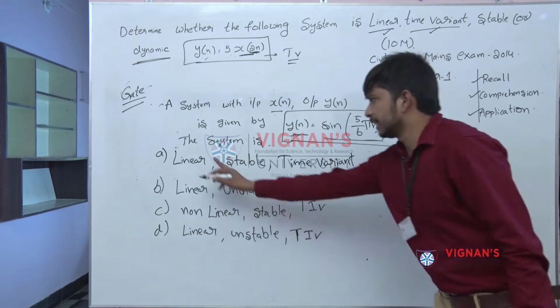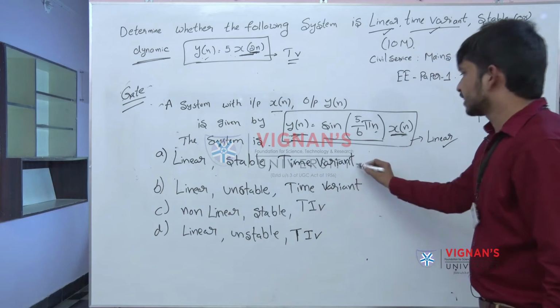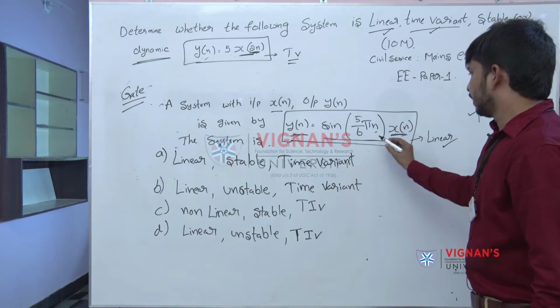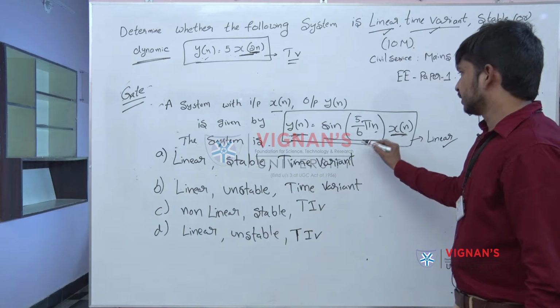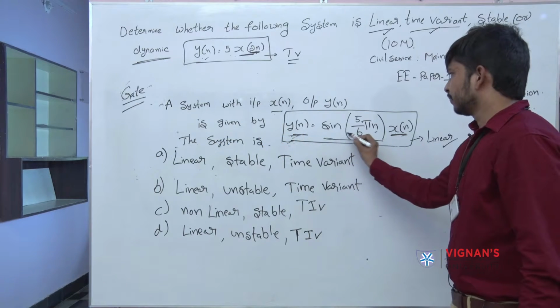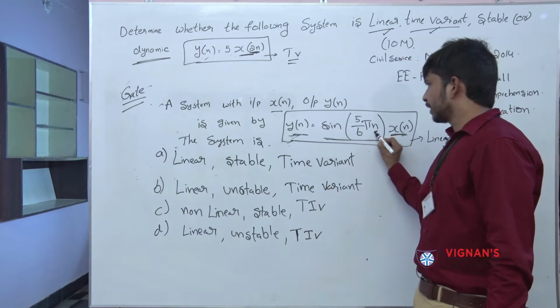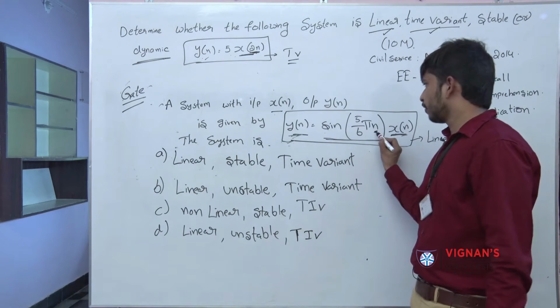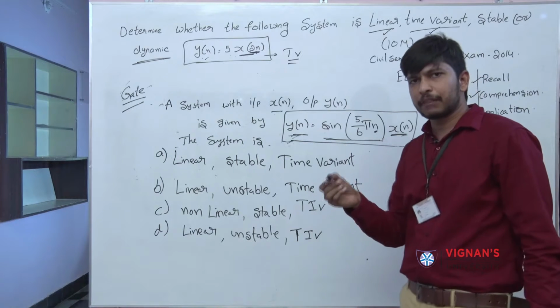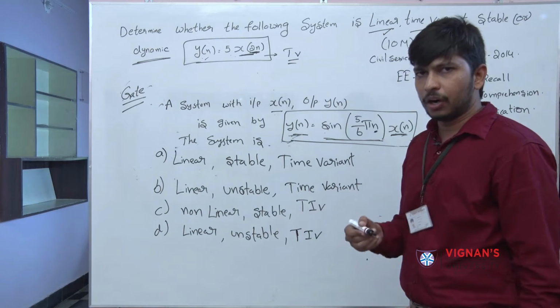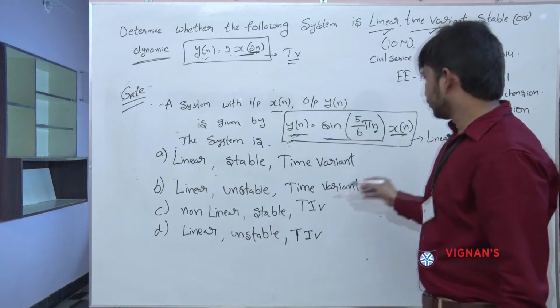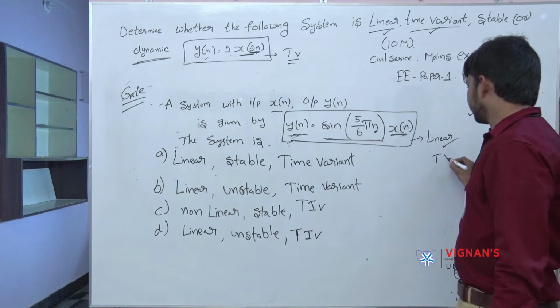Now let us see time variance or time invariance. If you observe the system, there is a sine operation performed on n. If there is an operation performed on n or on t, then the system becomes time variant.